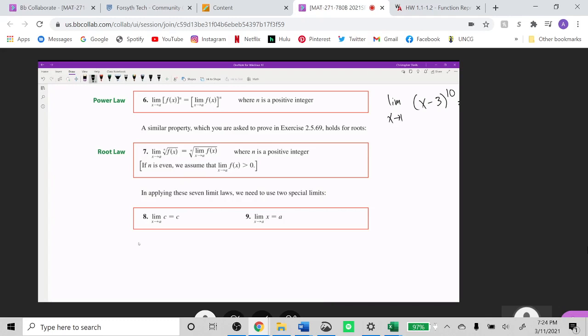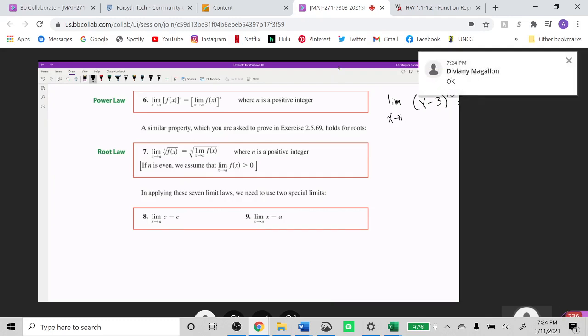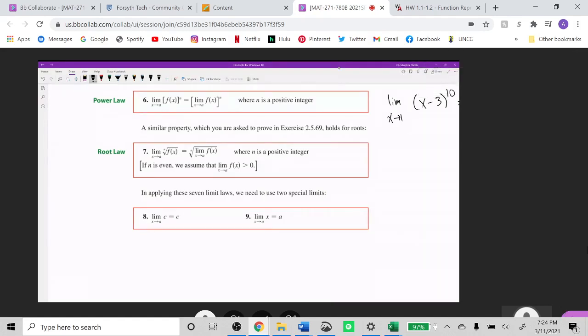Notice the index that is in here. This can be any root index. I can just find the limit of that function and then take that nth root of that limit instead. It's the same idea as this power law. Because roots are just fractional powers, right?